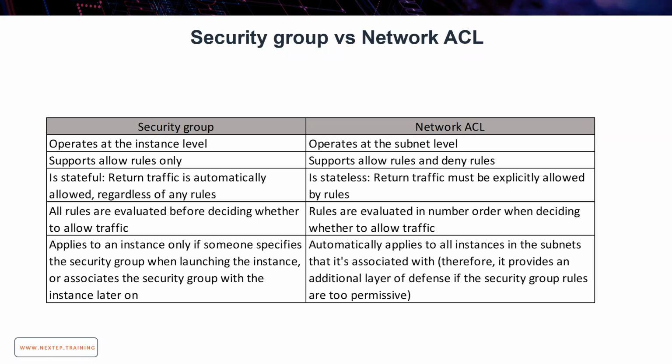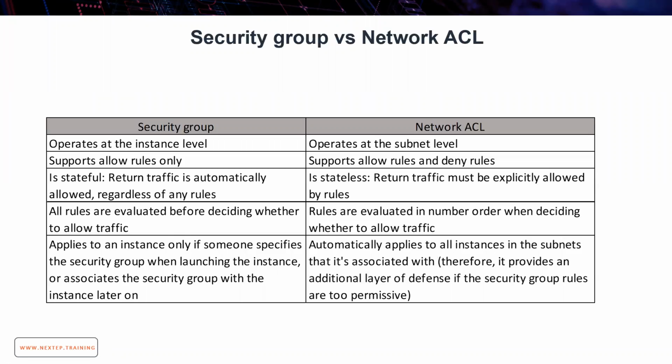You must specify the security group as part of the creation of your instance. There is nothing that's automatically assigned. But a network ACL automatically applies to all instances in the subnet that it's associated with. So you don't have to explicitly specify anything.